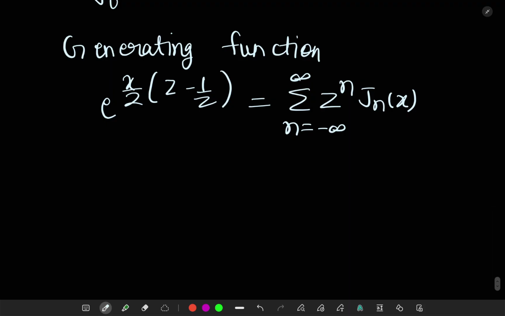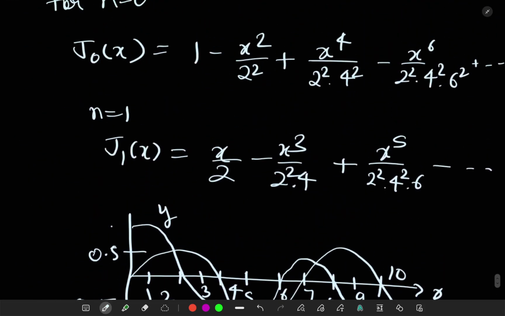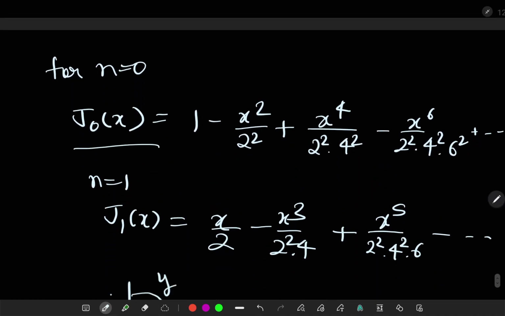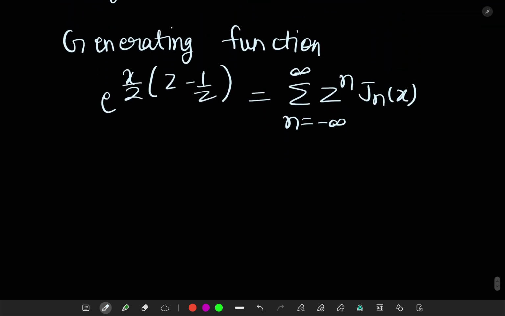Here, as we write the value of J0(x), this is very important because using this various tricky and easy questions will be made.